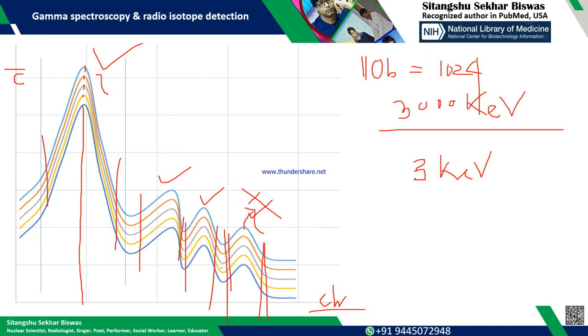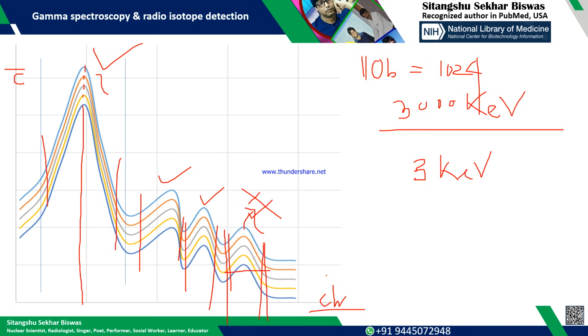That will give you the total count. Then from the total count, you have to subtract the background count, and then it will give the net count. The nature of the material is normally decided by seeing the net count.